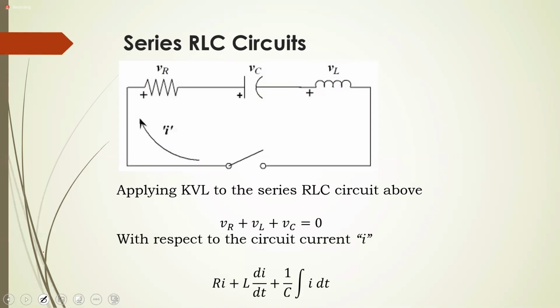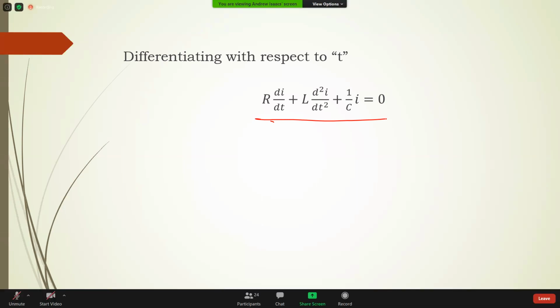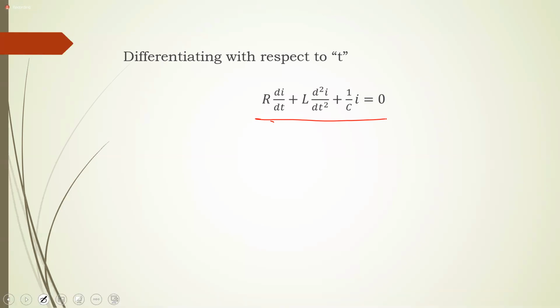However, even if there was a source, and let us say we had that equal to some source V, when I get to this point where I differentiate, we will get back the same equation because the source would just be a constant. Once we differentiate that, that would also be equal to 0.